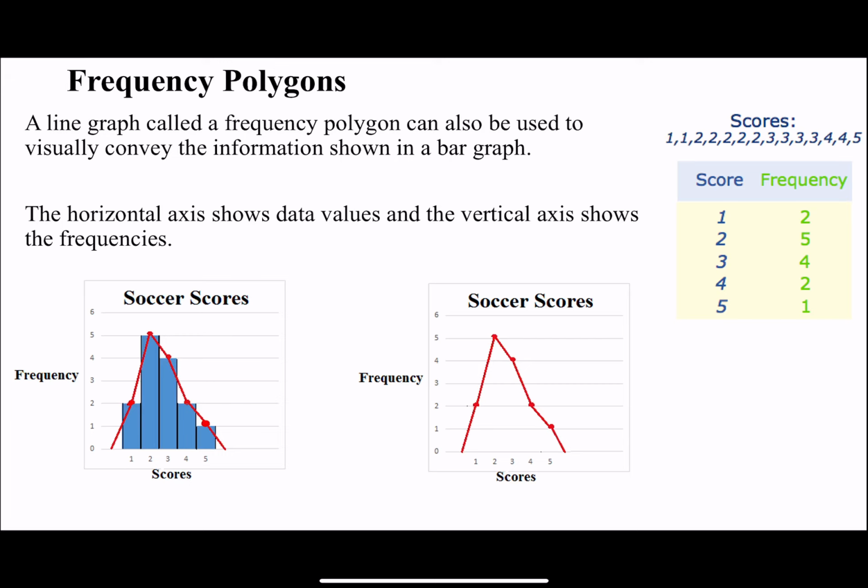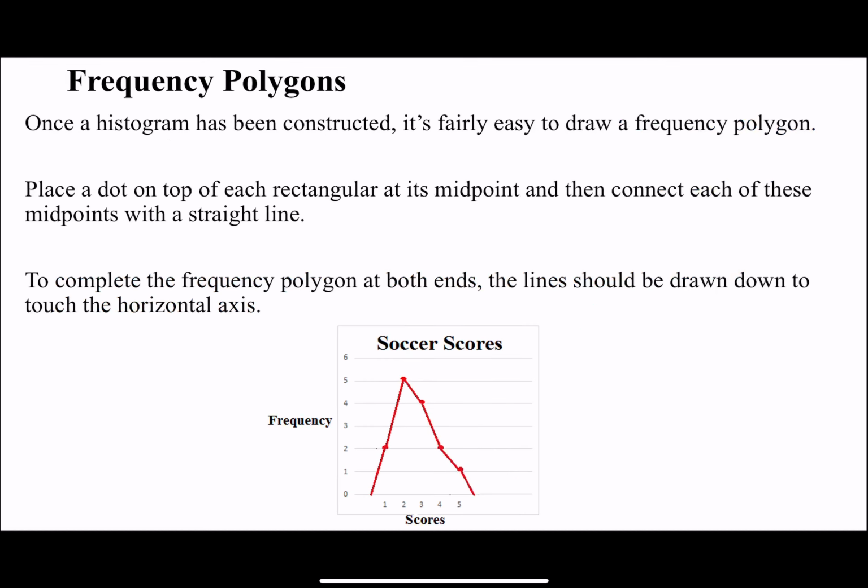Then when you remove the histogram, you're left with a polygon. Here you go. And as you see, you can see the frequency, right? So score 1 has frequency 2, and so on. So here is the frequency polygon.